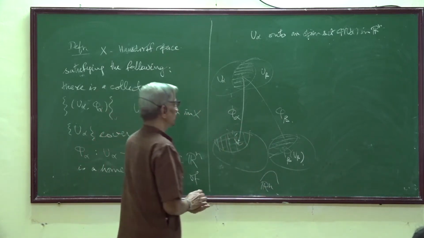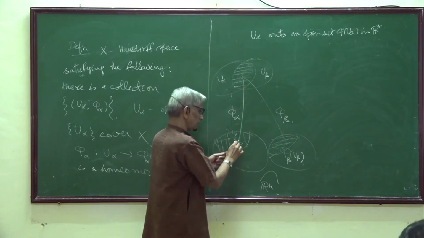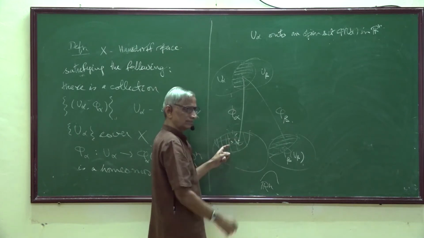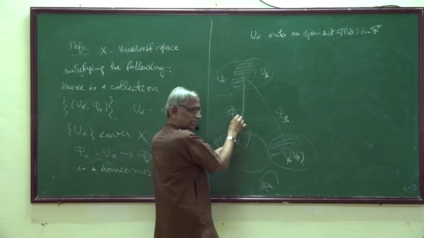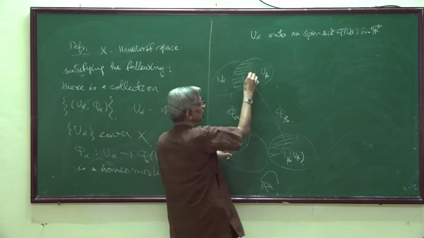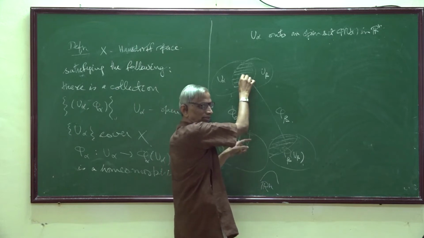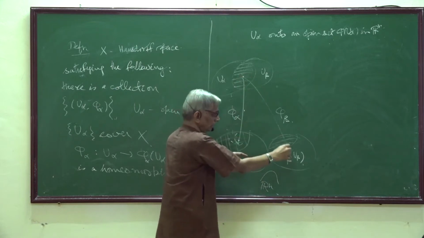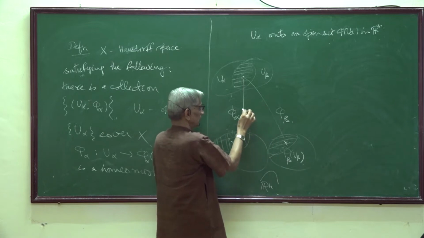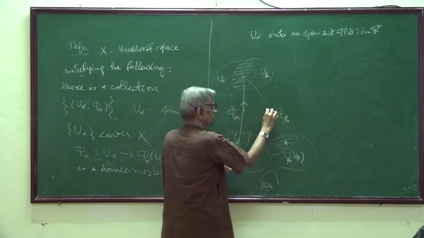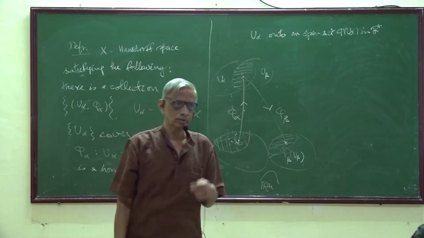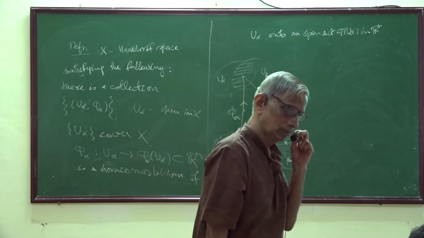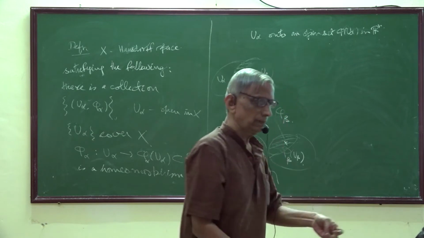Okay, so if you start with some point here, for example, you can go back via this, end up here, and then come back here using this map. So in other words, you can go like this. Okay, so what is the map therefore?